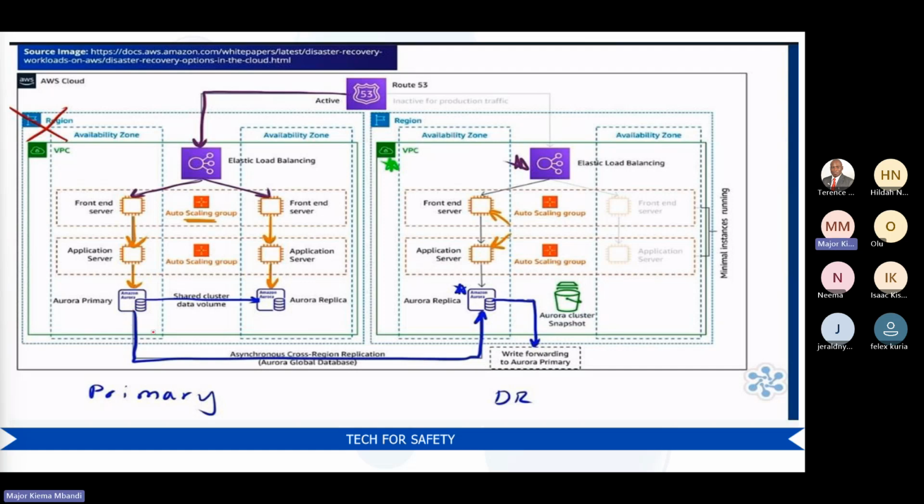Data is copied to the Aurora replicas asynchronously through cross-region replication using Aurora Global Database, with writes forwarded to the Aurora primary.